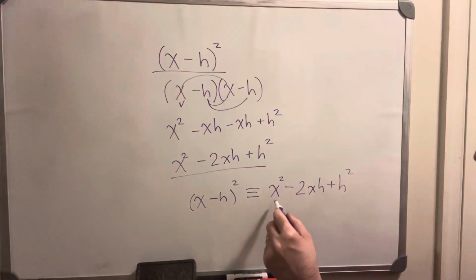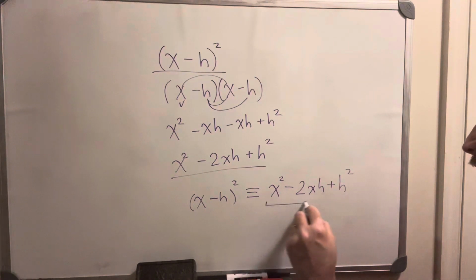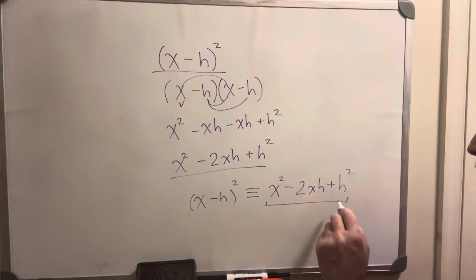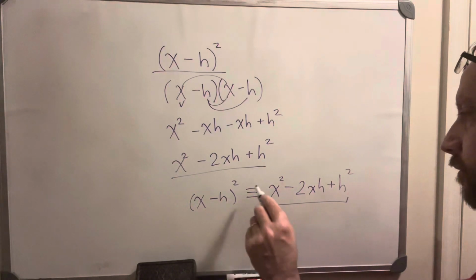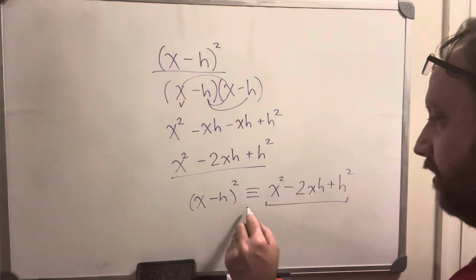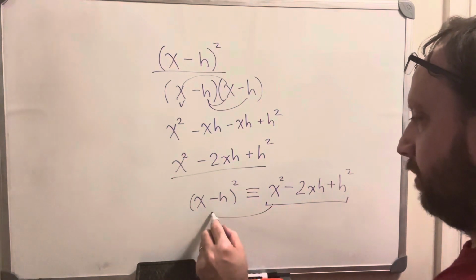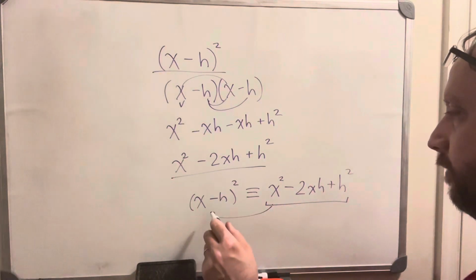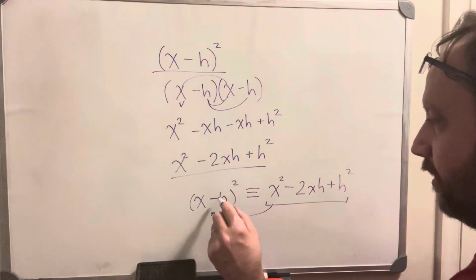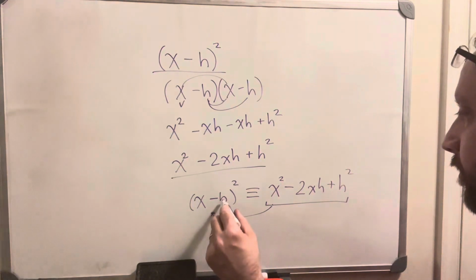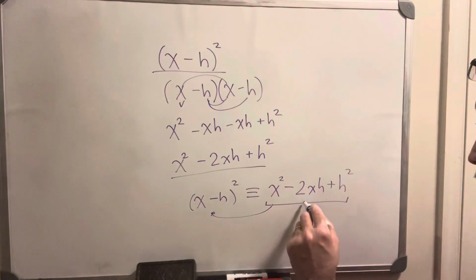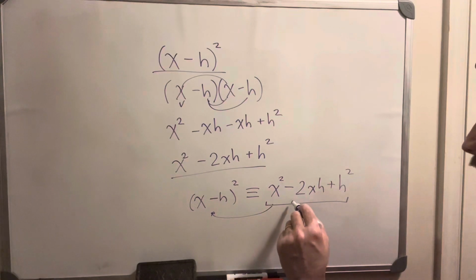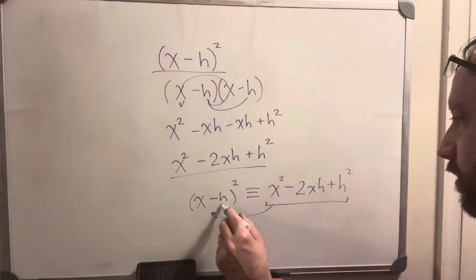So if we can get something into this form, we can write it as this simpler form. So instead of directly trying to get this by looking at what we've got, if we can get into this form, which you'll see in a minute, then we can substitute this.